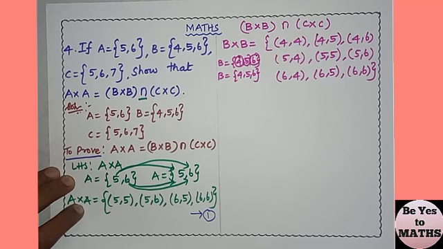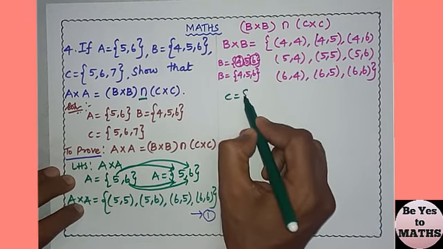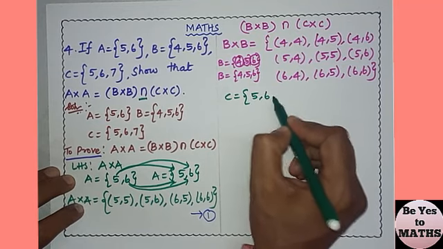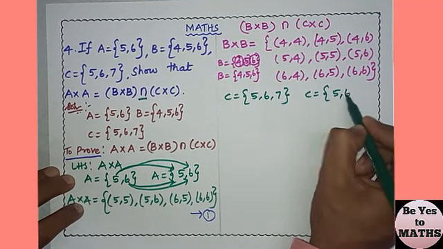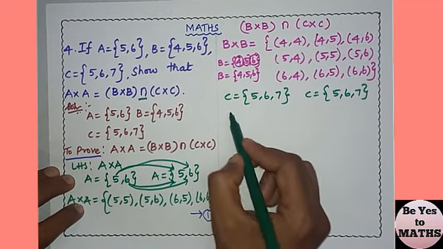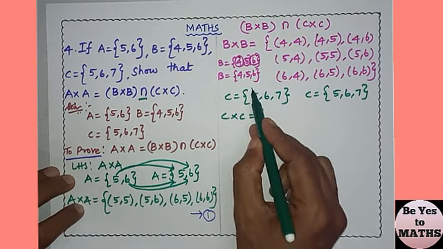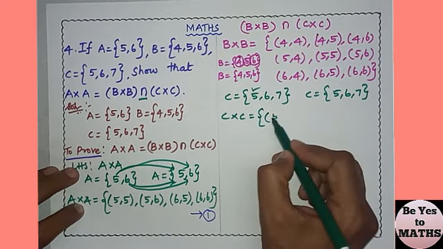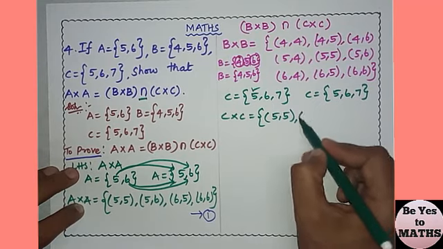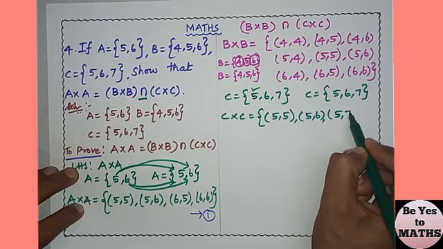Now we'll find out C cross C. So C set is 5, 6, 7. So C cross C is equal to, take element 5 first and pair with all the elements here. So (5,5), (5,6), (5,7).